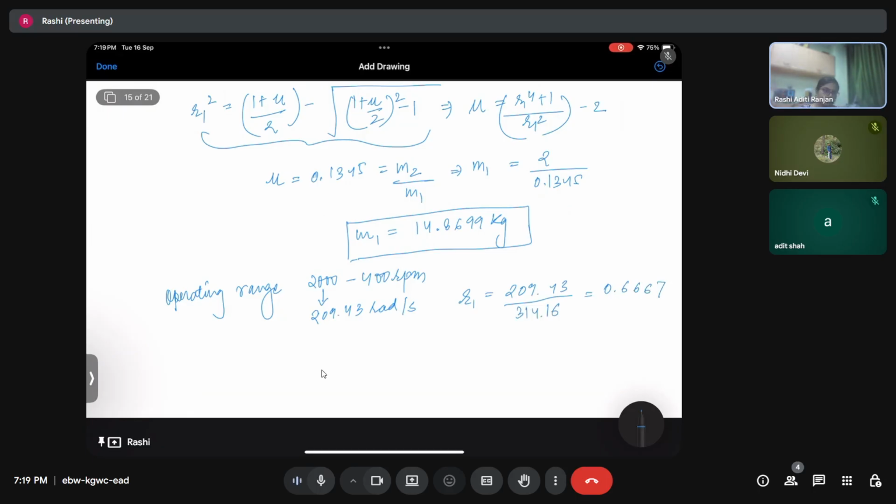Okay, so mu will turn out to be 0.6942, which means that M2 is going to be 0.6942 into 14.8699.